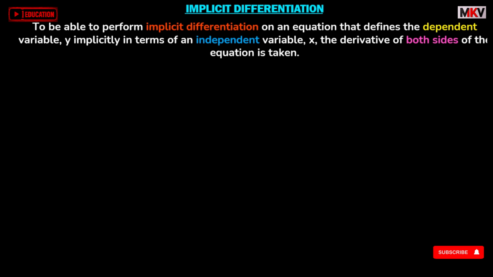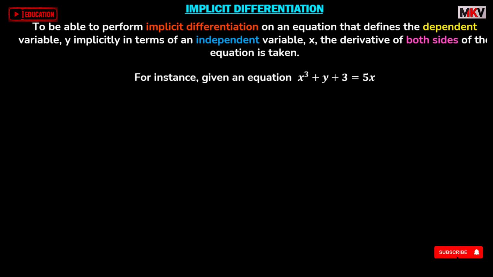To perform implicit differentiation on an equation that defines the dependent variable y implicitly in terms of an independent variable x, the derivative of both sides of the equation is taken.